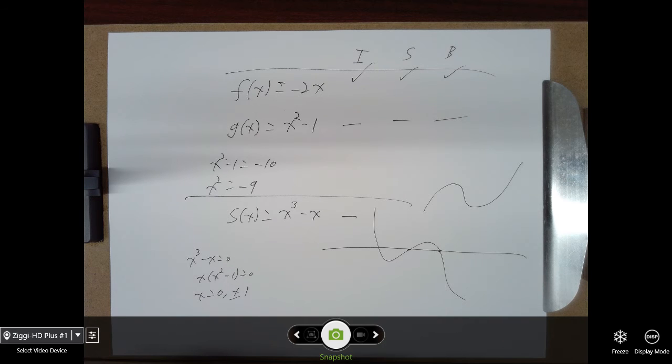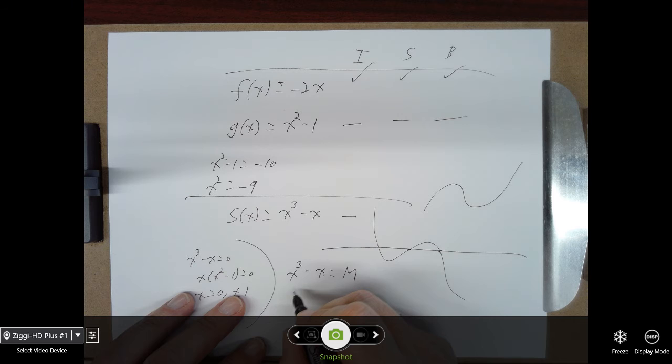But that might be kind of hard to prove. Any odd polynomial should be surjective. It should. So x cubed minus x equals some magic number m. So yeah, that's a little tricky to prove.